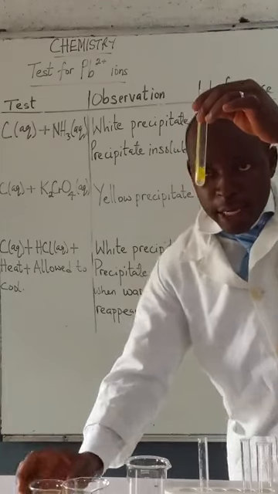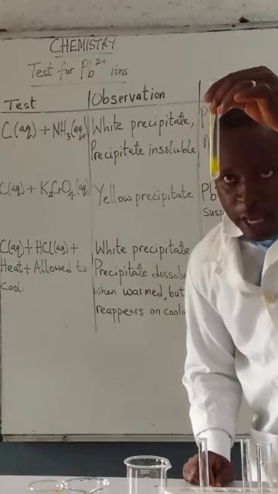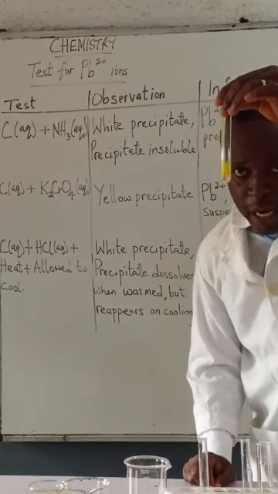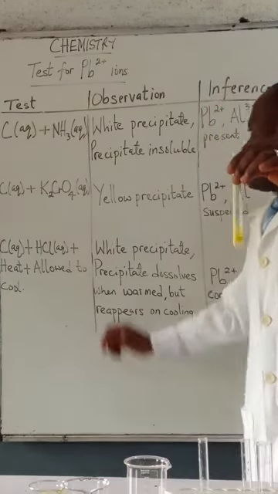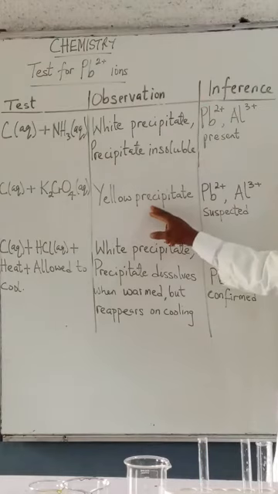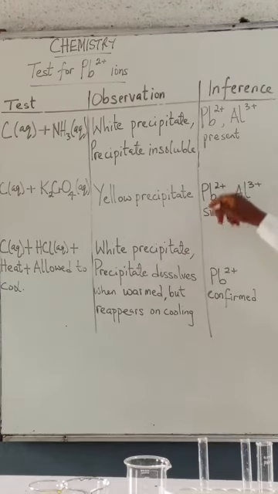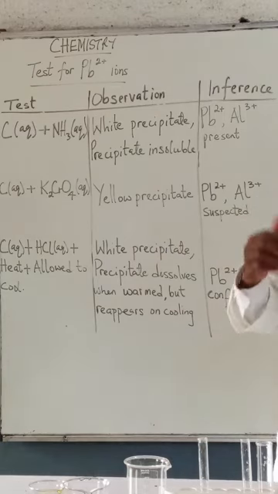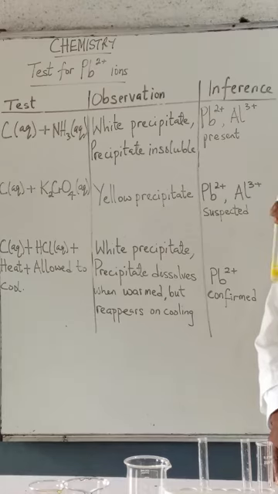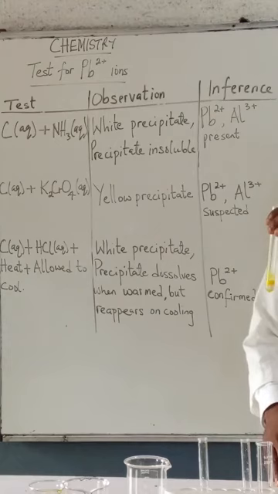What do you see when I add this? A precipitate. What color does the precipitate have? Yellow. Now, if I have a yellow precipitate as my observation, I'm still going to infer that lead-2 ion or aluminium ion is suspected in this sample C. Do you understand? We can even suspect copper-2 ions.